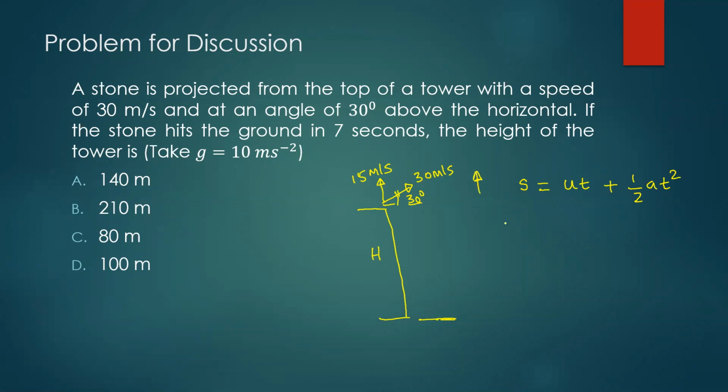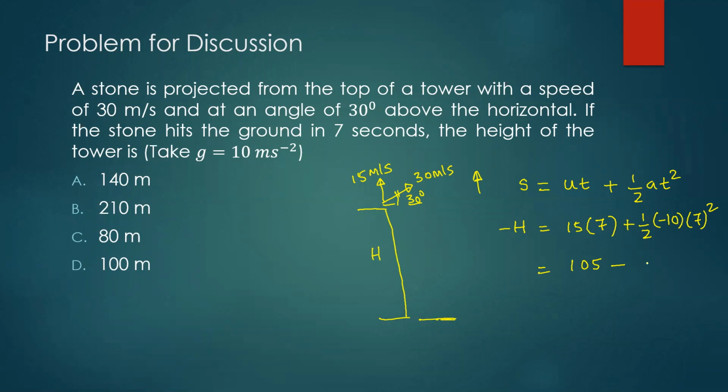The displacement is in the downward direction, so that is minus h, equal to u, which is 15, times 7 seconds, plus half, g is in the downward direction, so minus 10, times 7 squared. So this is 105 minus 5 into 49, or 490 by 2.